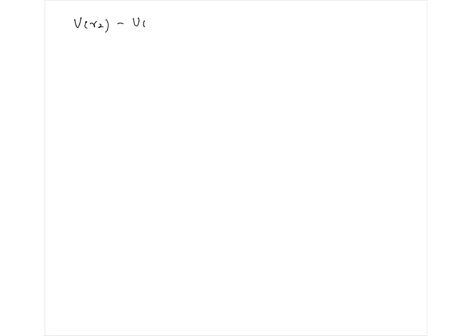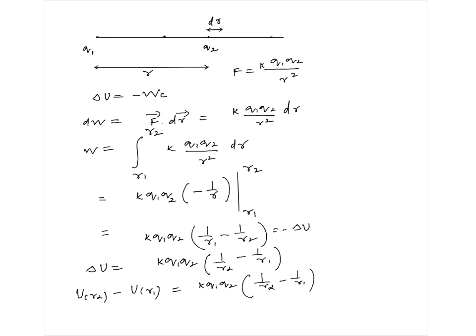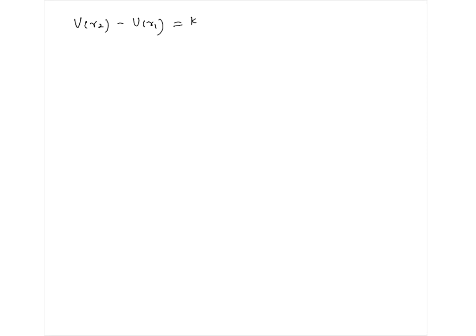U at R2 minus U at R1 is K times Q1 Q2 times this.